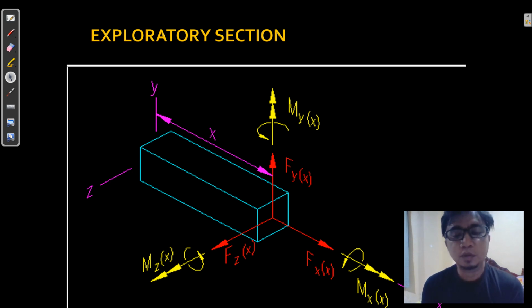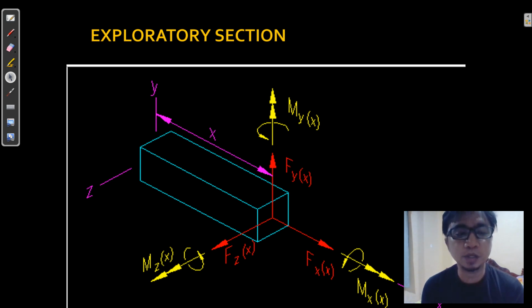What if we go to the y-axis? When we apply a force along the y-axis, the effect is a shear stress or a shear force. Remember the term tangential. A tangential force is actually a force touching the fiber. When we have a force touching the fiber, the effect is a shear.